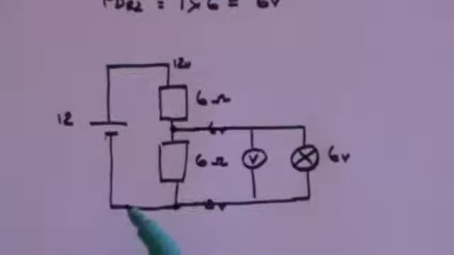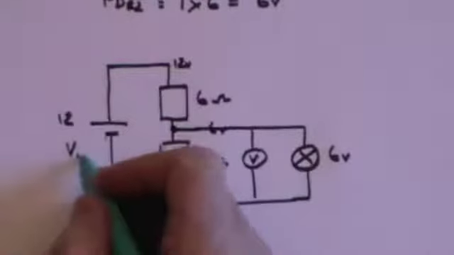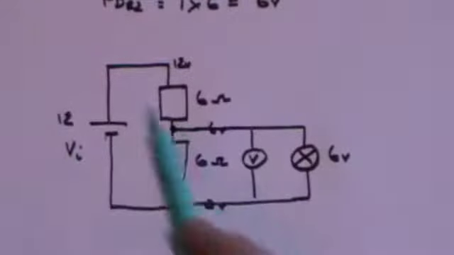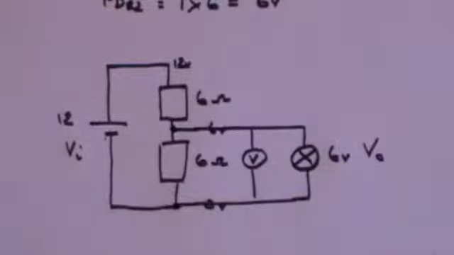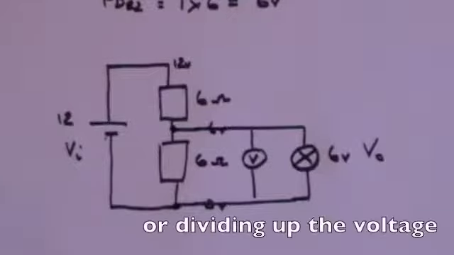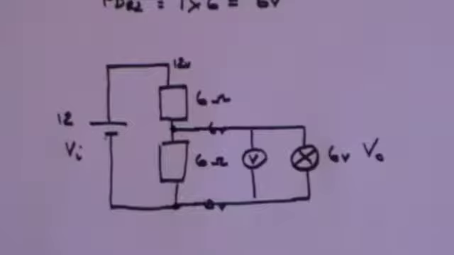So this is a way of taking a 12 volt battery, and we'll call that the input voltage, VI, and getting an output, which we'll call VO, the output voltage, of 6 volts. This is a way of stepping down the voltage by taking out the voltage you need from a battery whose voltage strength is not what you need, it's too high.